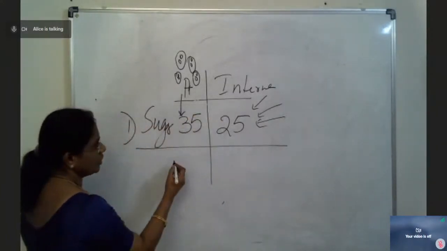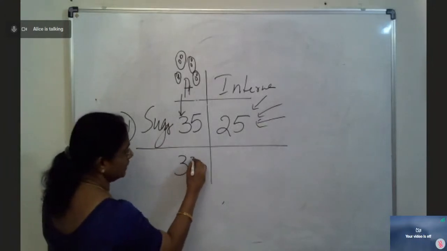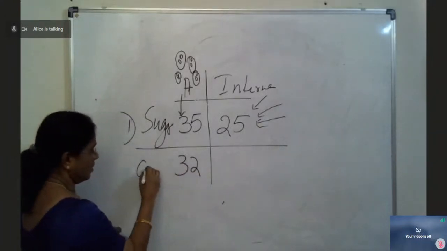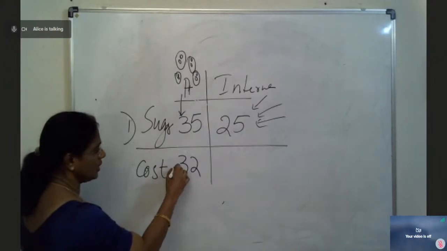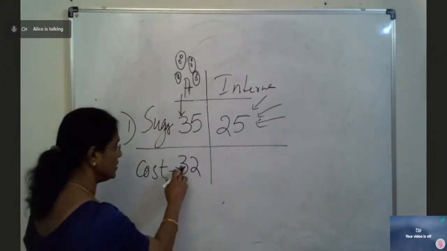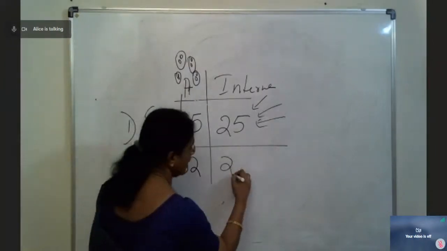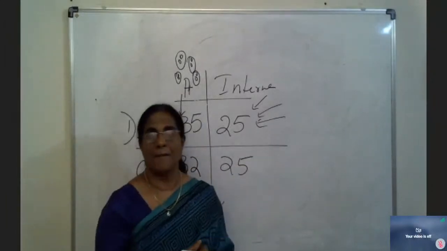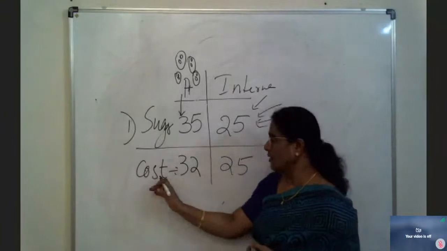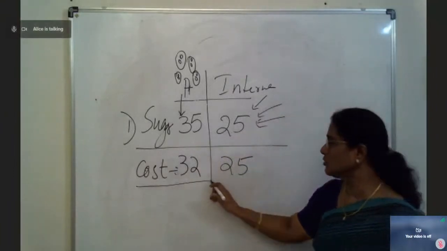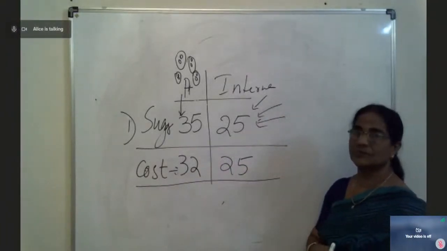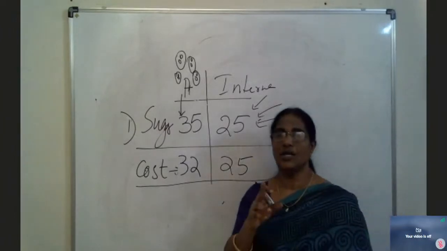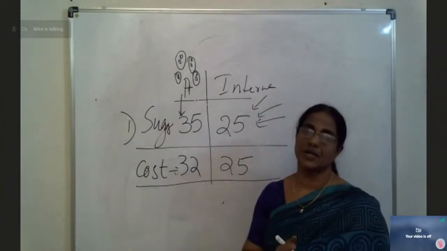Second thing, your average cost of production per kilogram of sugar is 32 rupees. But you sell here at 25 rupees. Are you with me? Right? You sell less than your cost of production. You will ask me, how will you sell less than your cost of production?